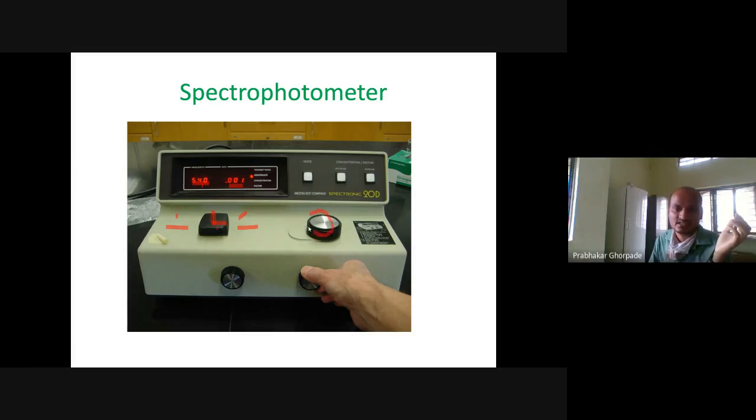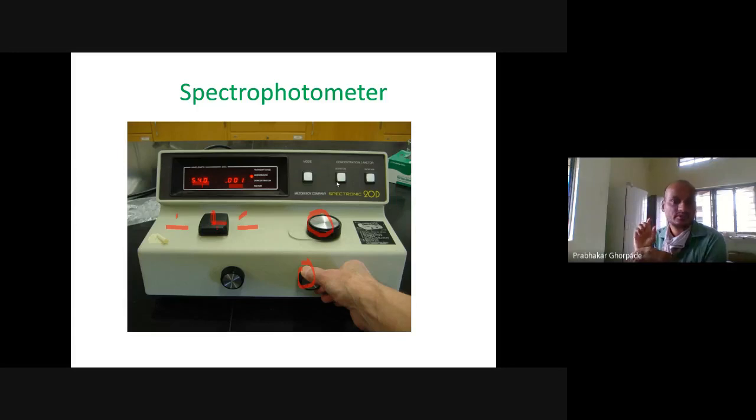For example, this one is to set the optical density wavelength, and this one is to set zero or blank, and all those things. Whenever we see the actual equipment, you will know their functions. But the basic thing you should remember is that you have to set the wavelength for that particular sample.